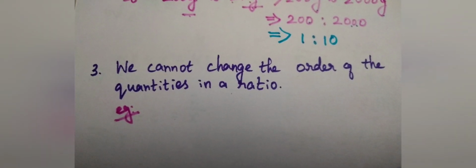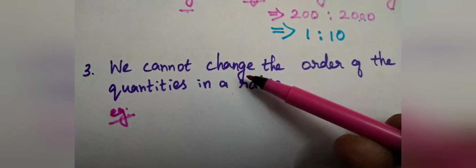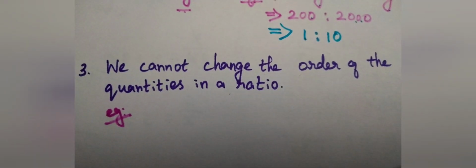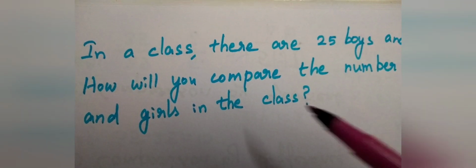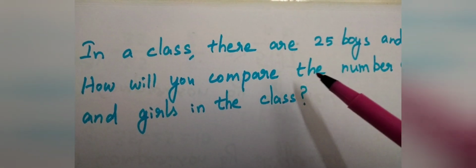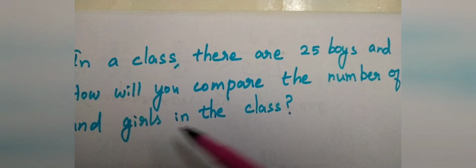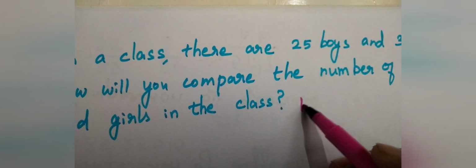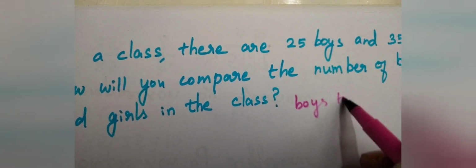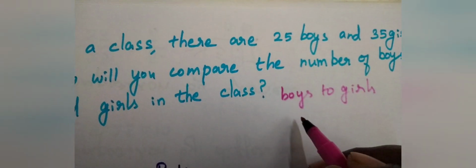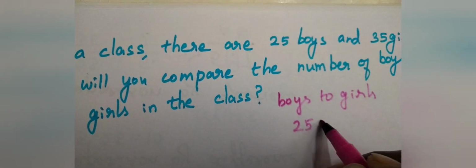Third property, we cannot change the order of the quantities in a ratio. See children, we have seen already this example, isn't it? In a class there are 25 boys and 35 girls, isn't it? So boys to girls. So number of boys to the girls means 25 is to 30.